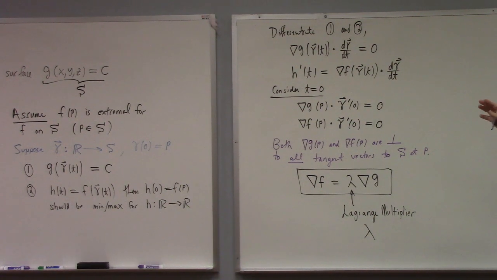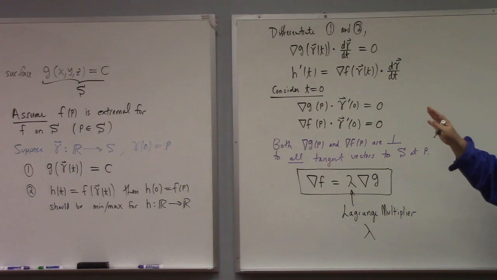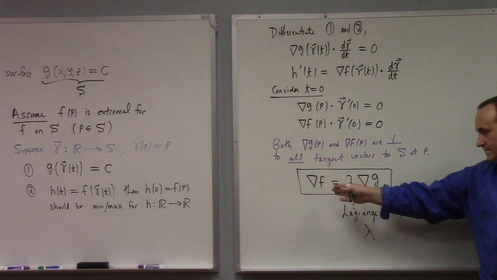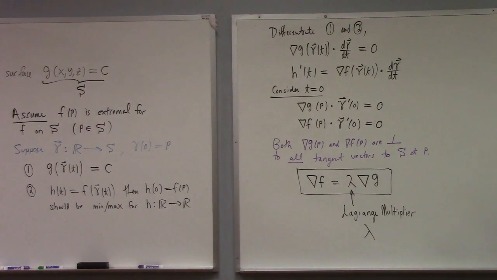These things break down when nabla f is 0. So we should be looking at points where the gradient of f is not 0. With those two things in mind, a smooth constraint function and a non-zero gradient for my objective function, if I have a local max or min, it has to be one which is coming from this equation.